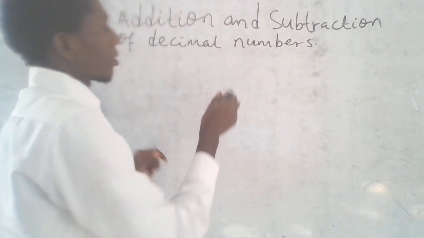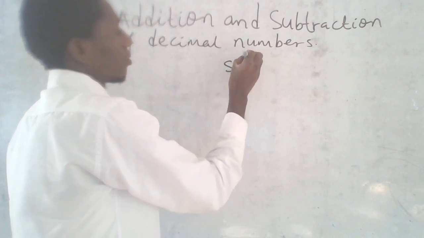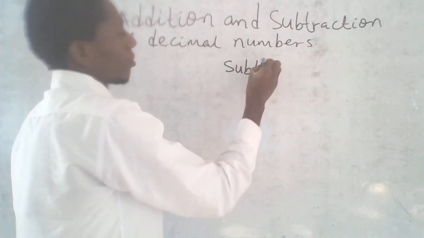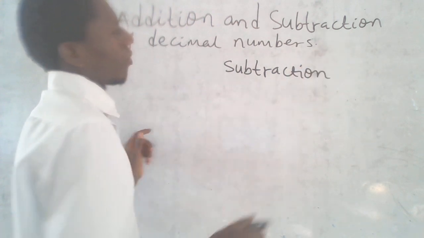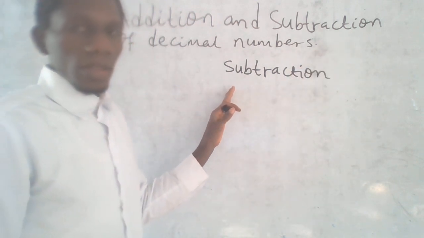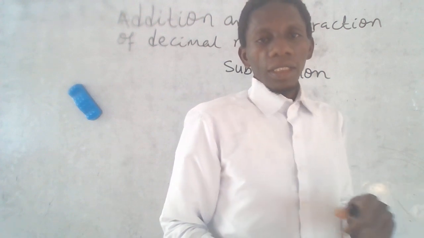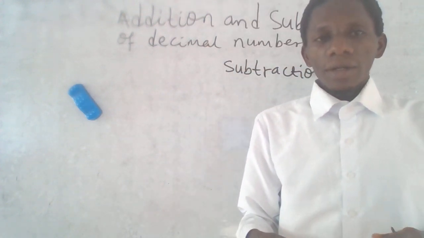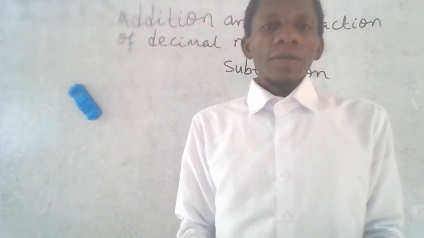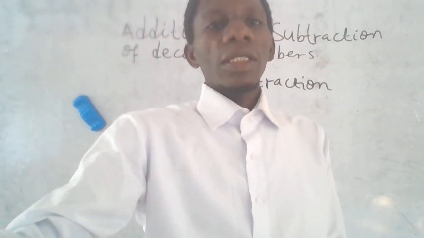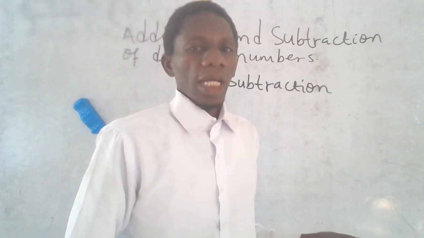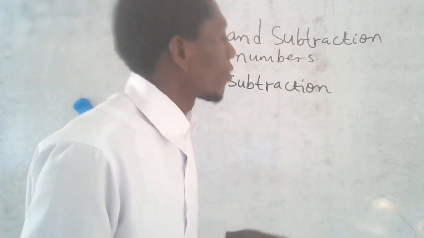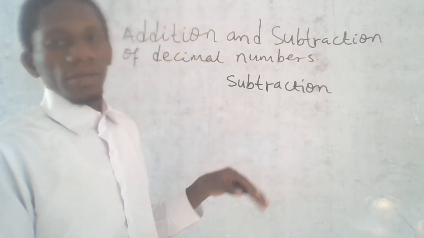And let's look at subtraction. Okay, subtraction is also another major problem for beginners. So let's see how we can work on some sample problems here that involve subtraction of numbers.